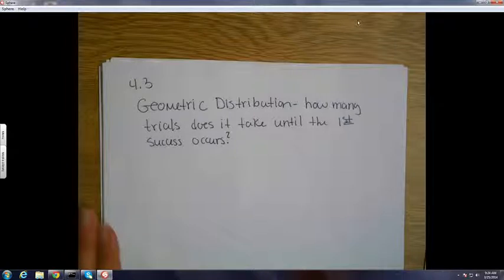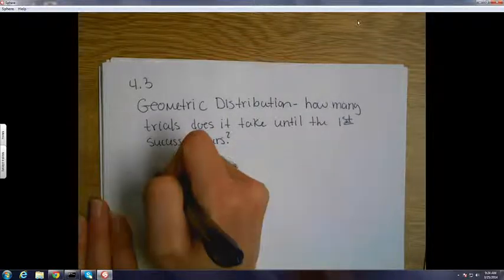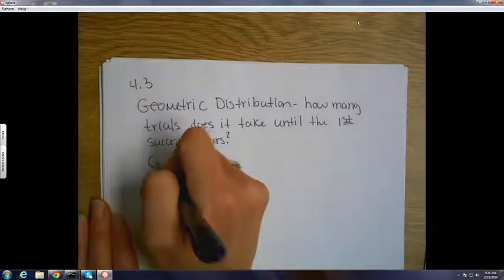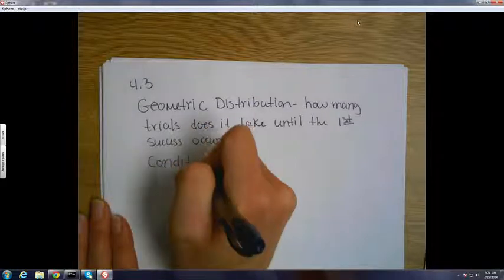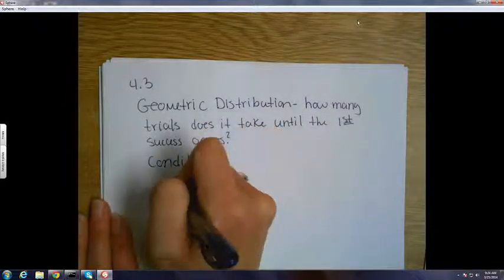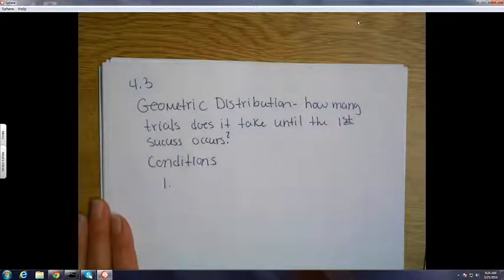Keep that in your head. So, the conditions for a geometric distribution. The first condition is that a trial is repeated until the success occurs.